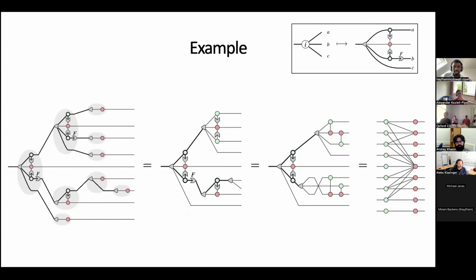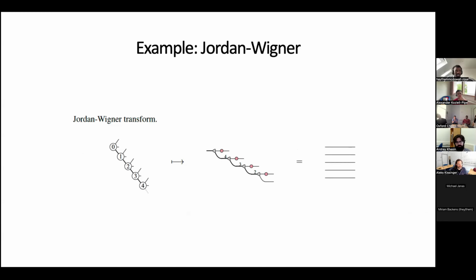So let's look at some more examples of ternary trees for encodings that we've seen earlier. The Jordan-Wigner encoding just gives you back the identity. This is its ternary tree.